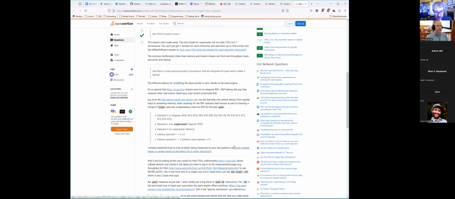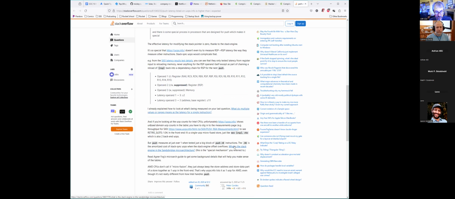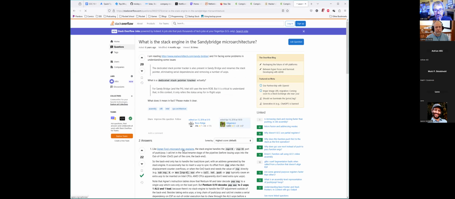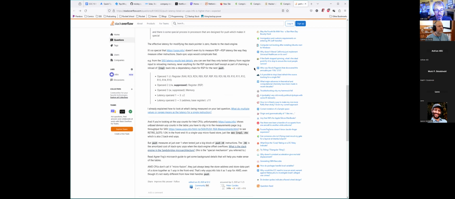I think some of them are cheaper because of the stack engine. That's the part of the microarchitecture that makes it faster, but it still depends. And the answer goes into what it depends on. But also storing on the stack may be fused, as they point out. All right. We are well off into the x86 weeds here.